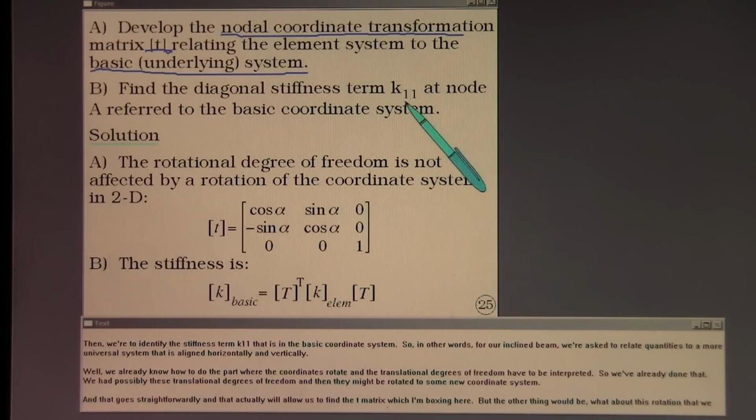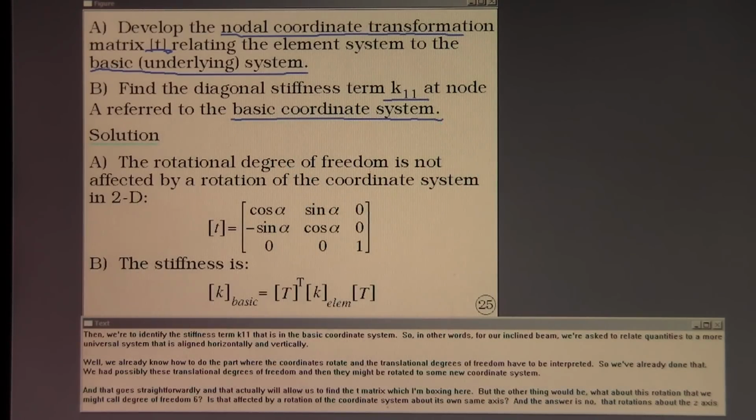Then we're to identify the stiffness term K11 that is in the basic coordinate system. So, in other words, for our inclined beam, we're asked to relate quantities to a more universal system that is aligned horizontally and vertically.